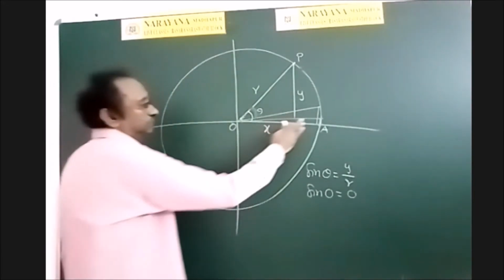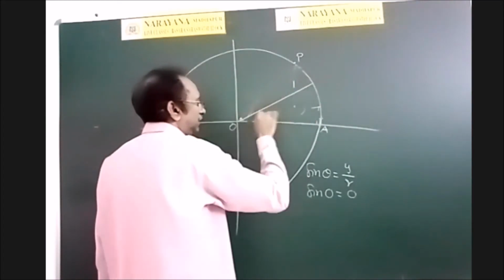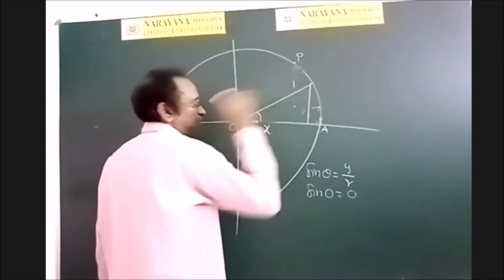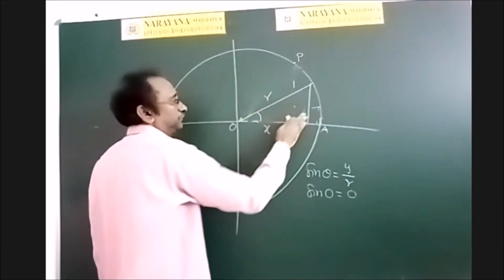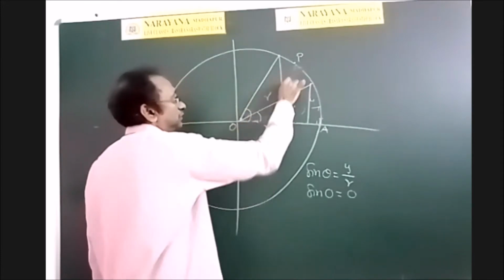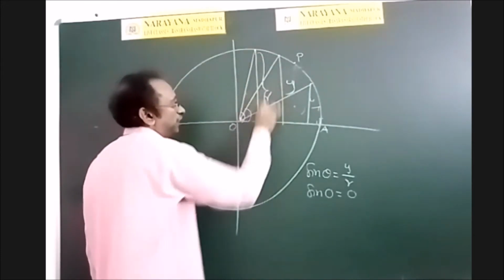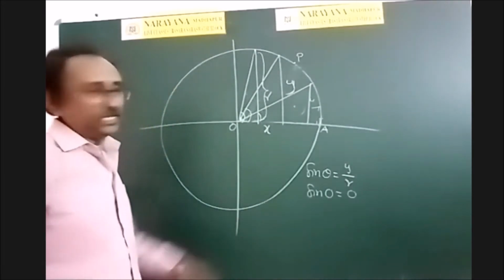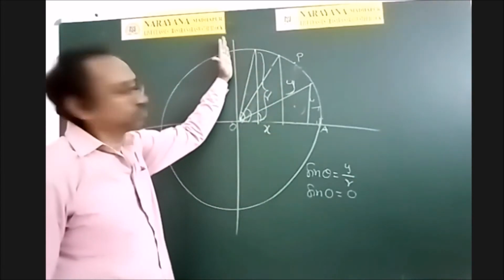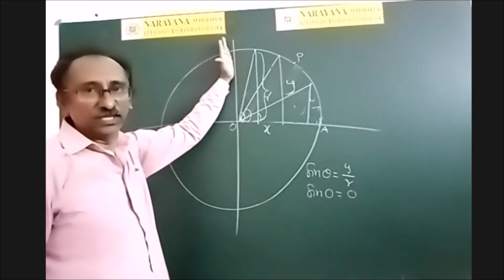And see, if you increase the angle, this is y. R is fixed. So y increases slowly. If this is the angle and this is y, therefore y slowly increases up to what? The maximum value of y can be r only.